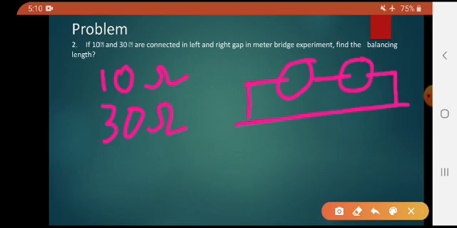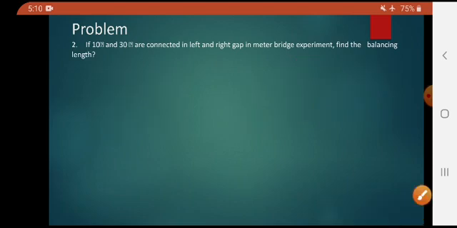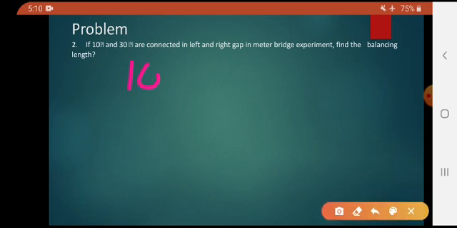The 10 and 30 are the resistances connected in a meter bridge experiment. So now find the balancing length. The 10 ohm resistance is taken as X and the known one is 30 ohms.